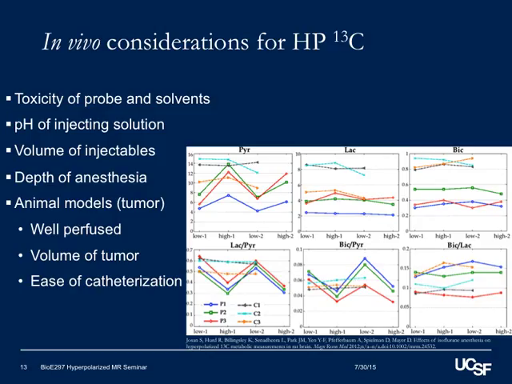With the catheterization, you need to keep the line patent for the 3 or 4 hours that you're doing the experiment. So you're continuously injecting saline to keep the animal hydrated, keep the line flush. And so all of that loads the animal with fluid, and it's under anesthesia. So those are some physiological parameters that you want to really pay attention to.